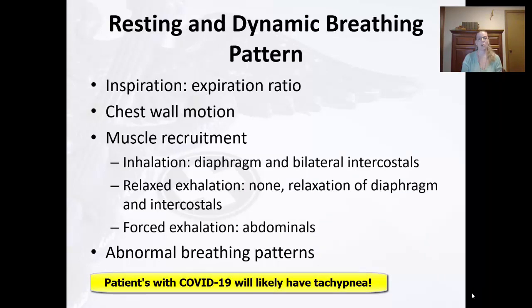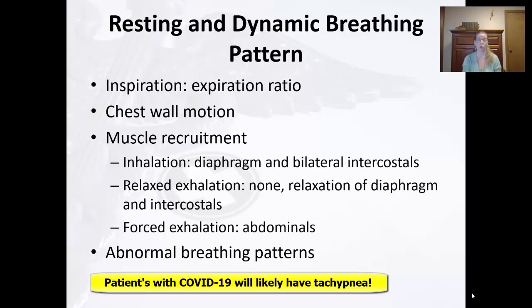All right, so normally the inspiration-expiration ratio, or the ratio of the inhalation phase to the exhalation phase, is 1 to 2. But in patients with obstructive lung disease, where they're having difficulty exhaling all their air, you may see an IE ratio of 1 to 3 or even 1 to 4.